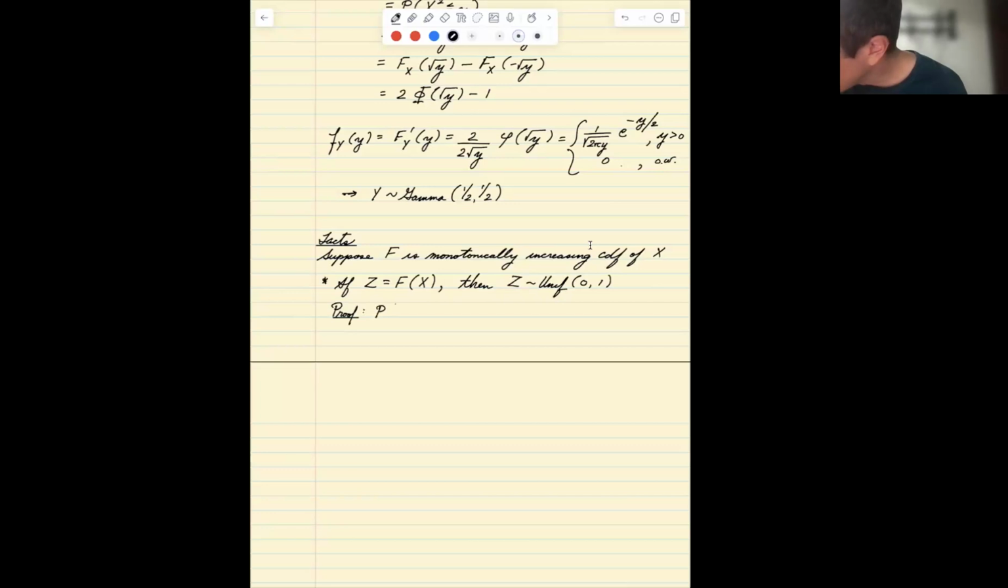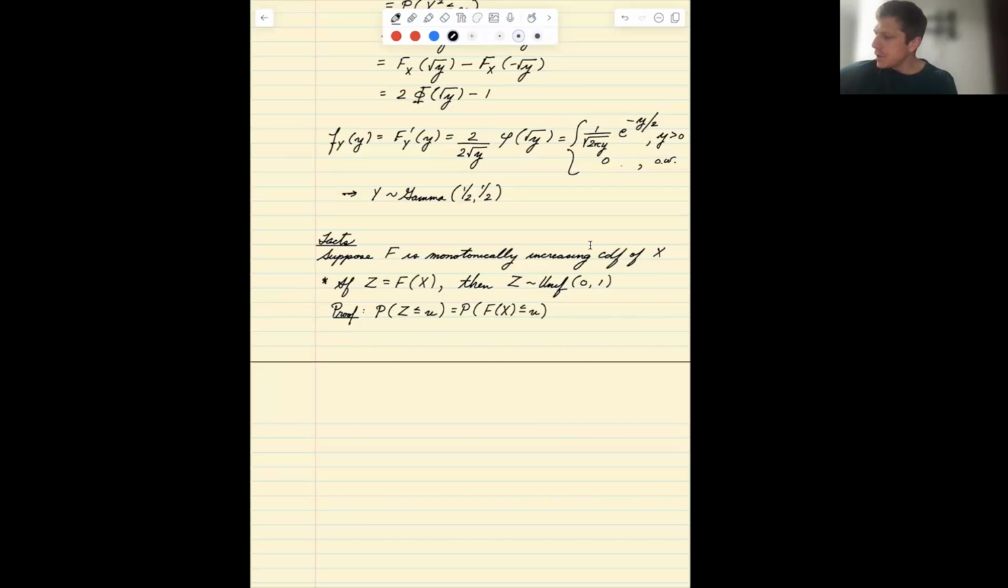So the proof of this is that the distribution function of z, the probability that z is less than or equal to u, has to equal u, in order for this to be true, because that's the distribution function of the uniform. Well, by definition, z is F of x.